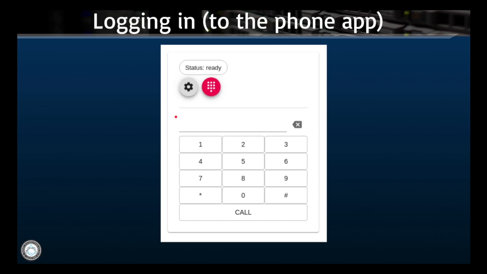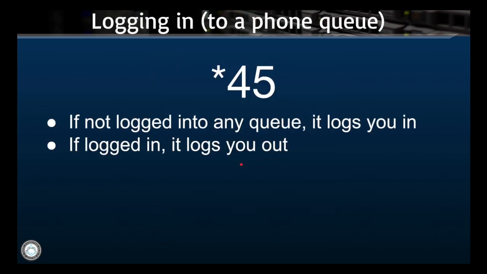If you're currently logged into the queue, by typing *45 a second time, you'll be logged out. So that's *45. If you're not logged into a queue, it logs you in. If you are logged in, it logs you out. It's a toggle. It'll provide audio notification both when you go into the queue and when you come out.